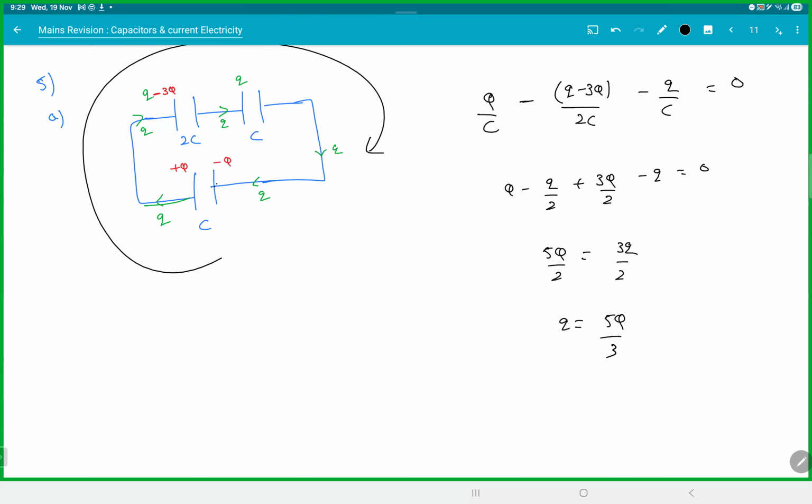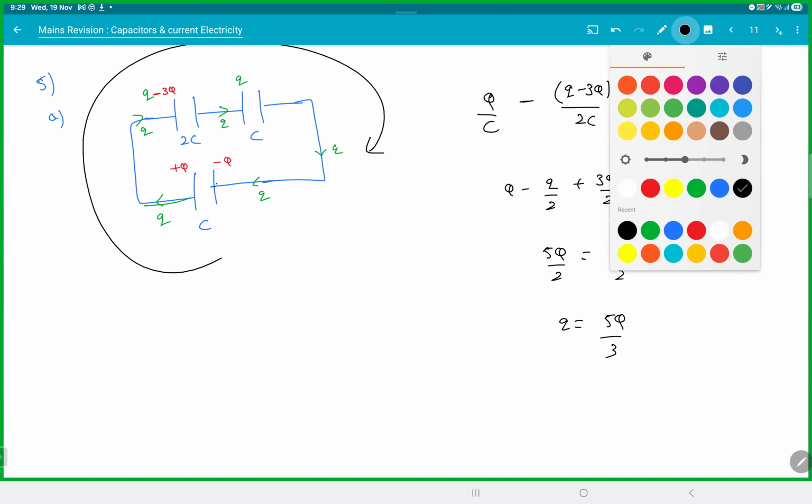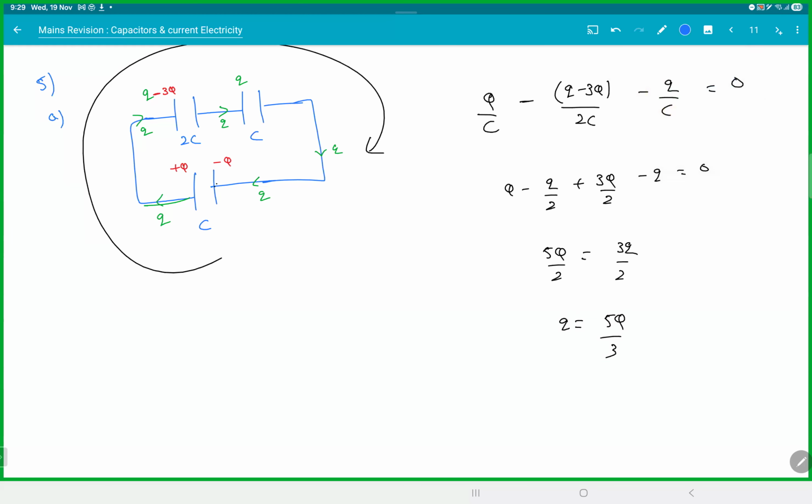This is the charge which went through the capacitor. So the final charges will be substituted there, you'll get the answers. Are you clear with this? Any doubts on this? This is an important model.